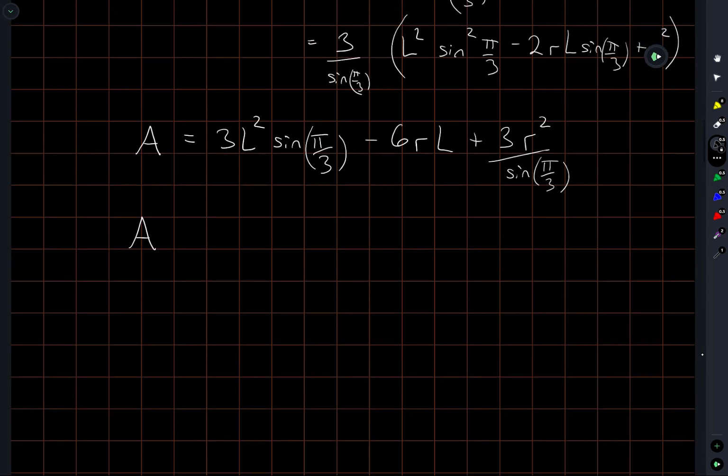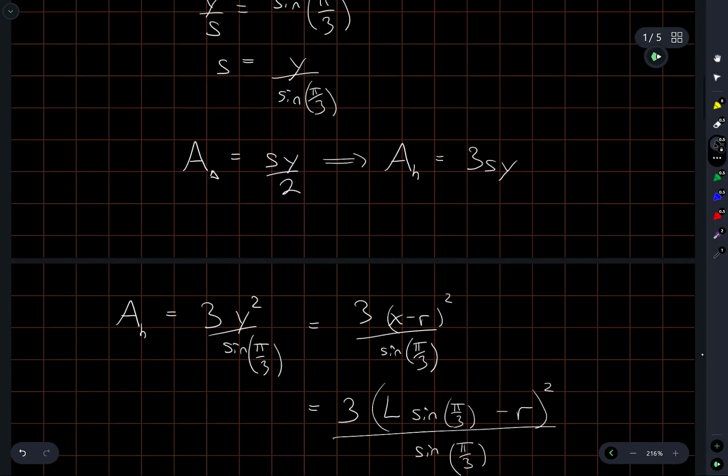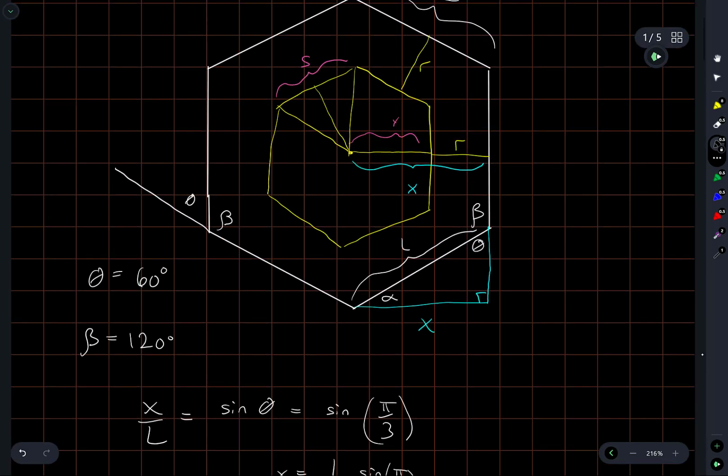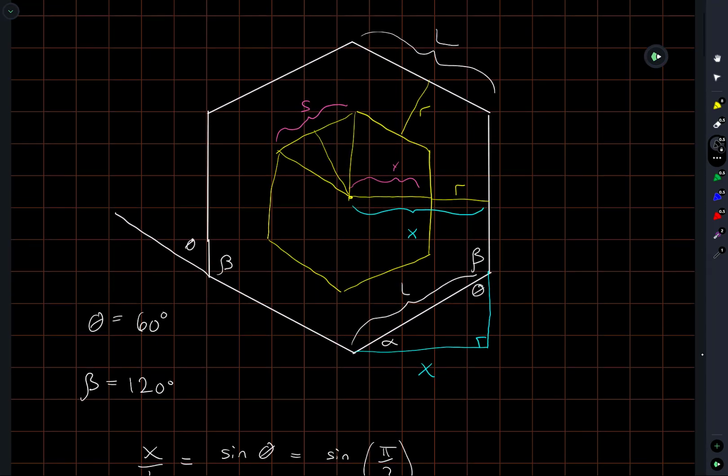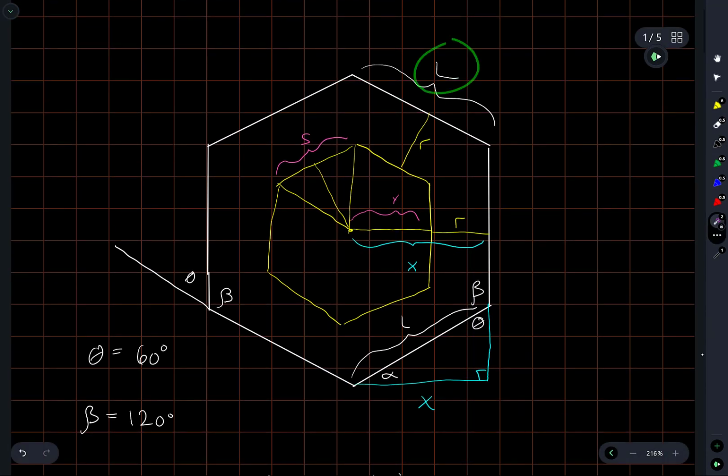So the area of the large hexagon, again, is going to be made of 6 equilateral triangles of side length L. Each of these equilateral triangles has a base of L and what is the height going to be?